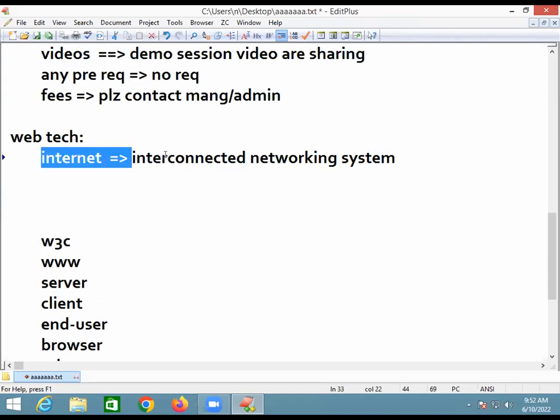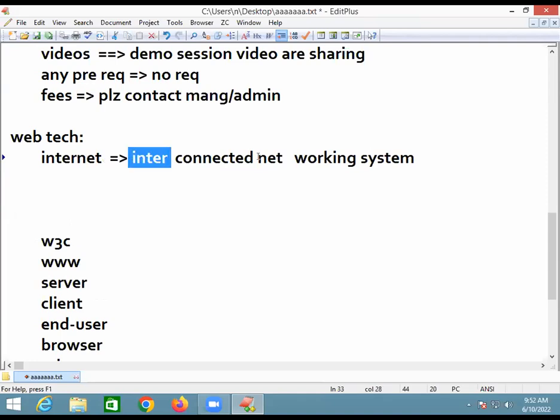How is it possible, sir? Internet. That is the thing. These full forms are not my personal ones; they are the real full forms, just like www, World Wide Web. For the internet also we have that full form, but we have never seen it written out, and we have not observed it in that manner.